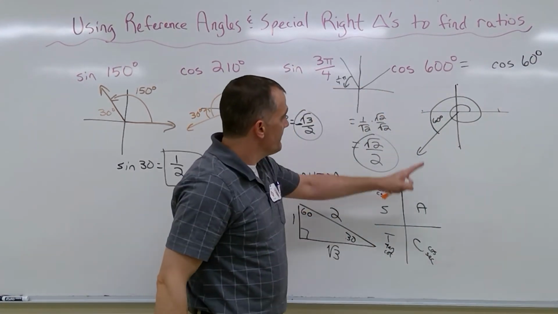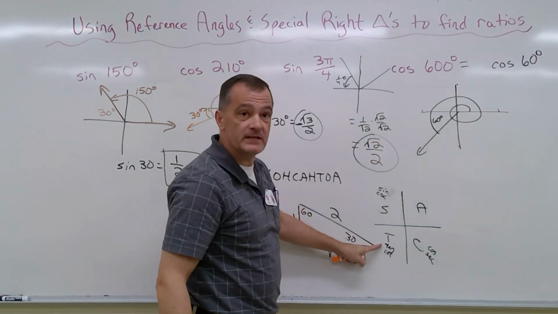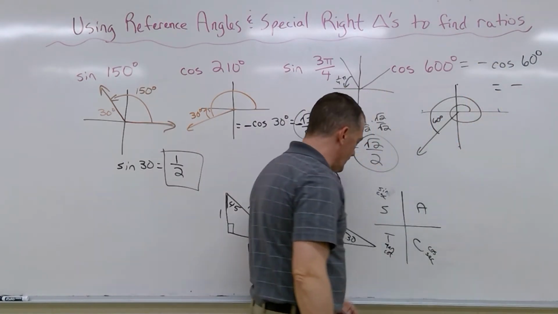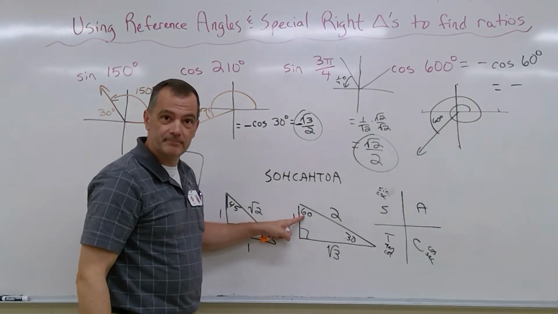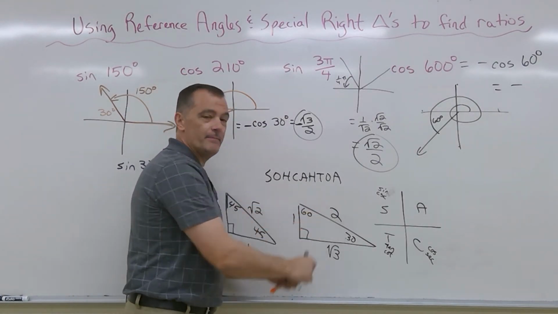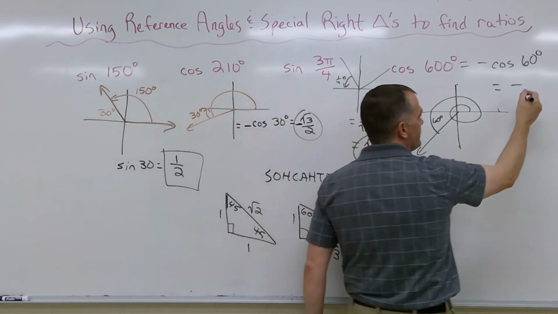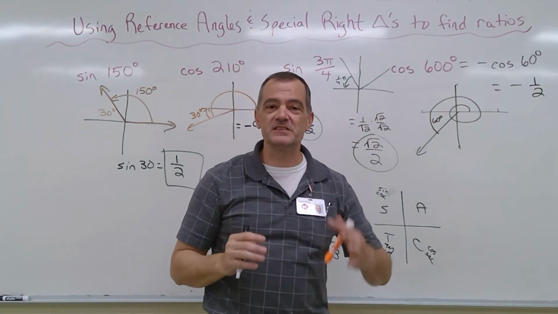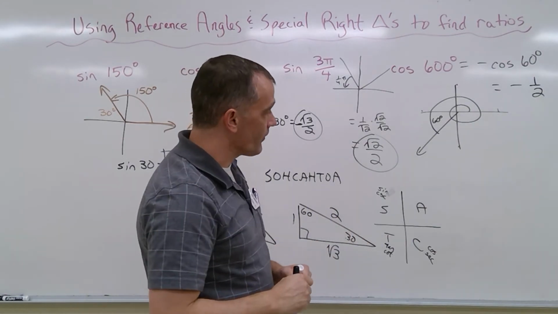But be careful, because it is in this third quadrant, it will be negative. So the question is, what is the cosine of 60? That's right, adjacent over the hypotenuse, 1/2. These problems aren't scary, but there are a lot of moving parts.